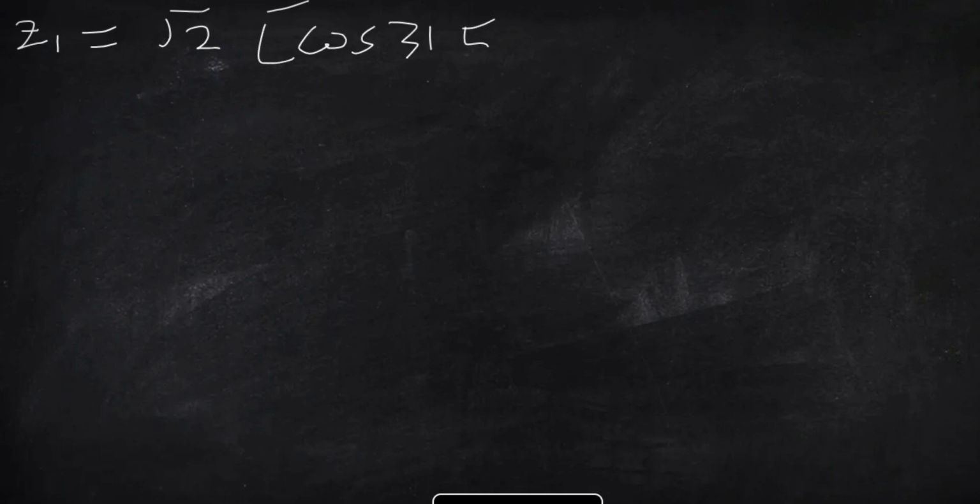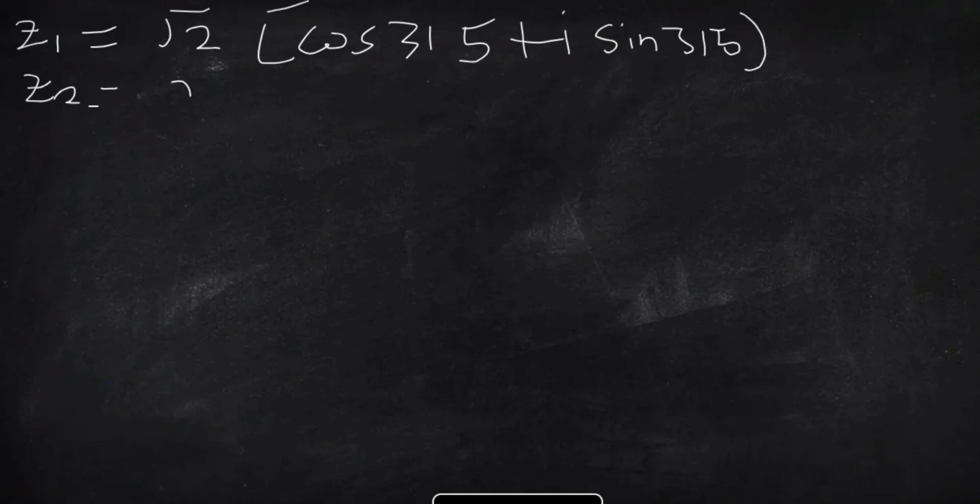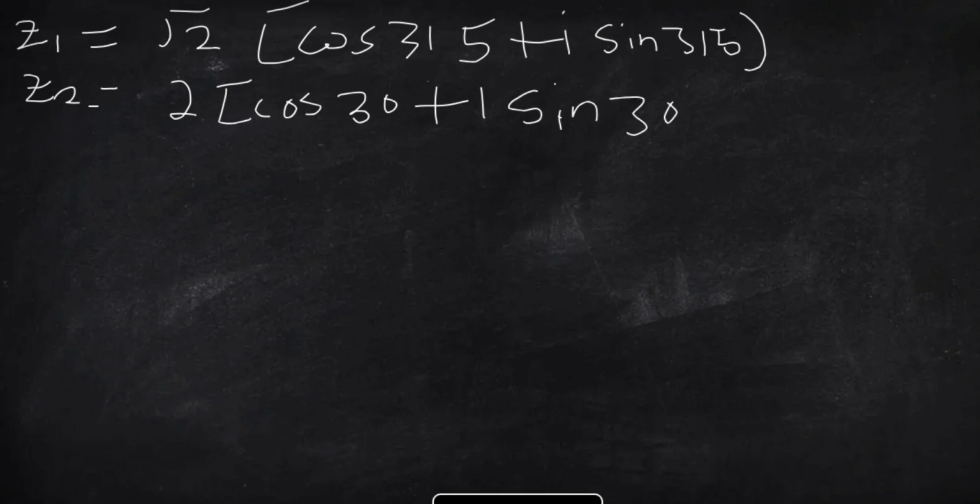We have z1 to be root 2 cos 315 plus i sine 315. We have z2 to be 2 cos 30 plus i sine 30. Now let's find z1 times z2.